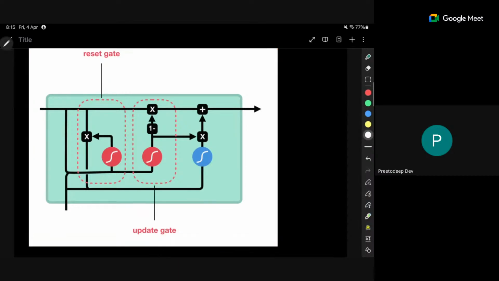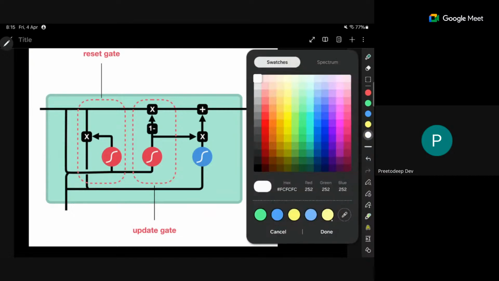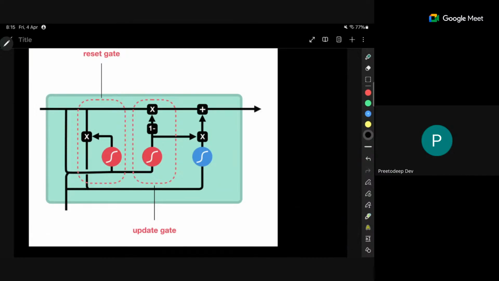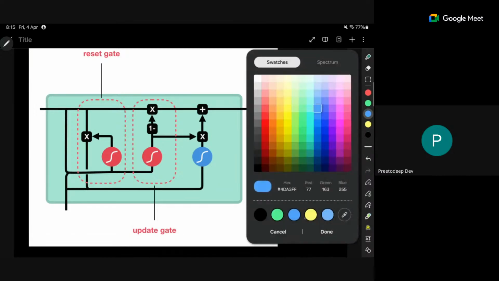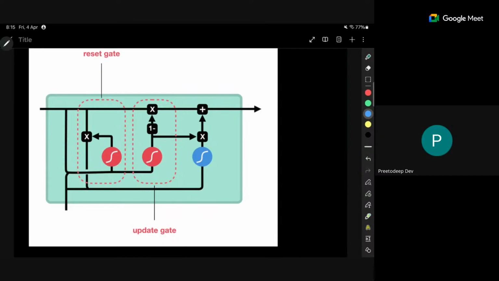So this is what x t is. Here I'll give h t minus one. So now you'll have only one equation, which is h t.